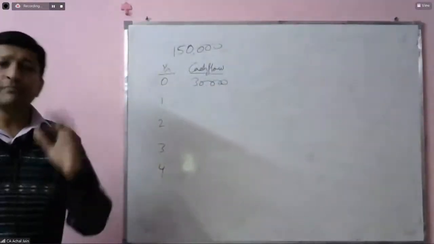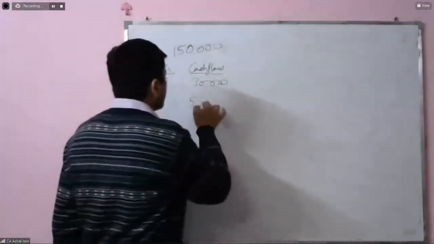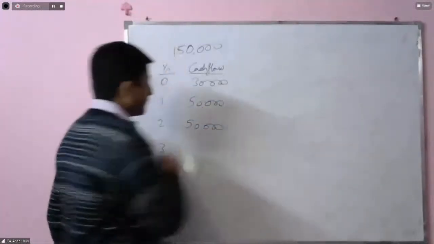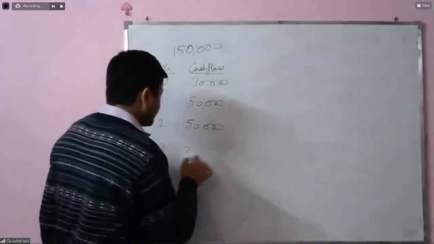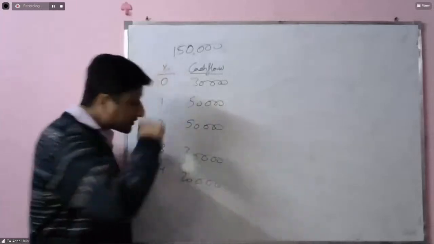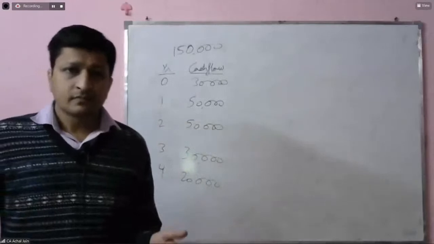Means on day 0 we have paid 30,000. At the end of year 1 it's 50,000. Then let's suppose it's 30,000, and then let's suppose it's 20,000. So these are the cash flows. Cash flow means these are the payments.